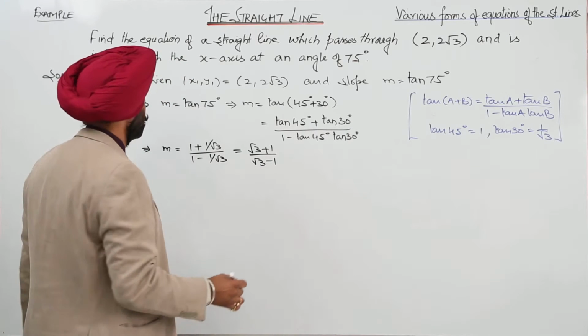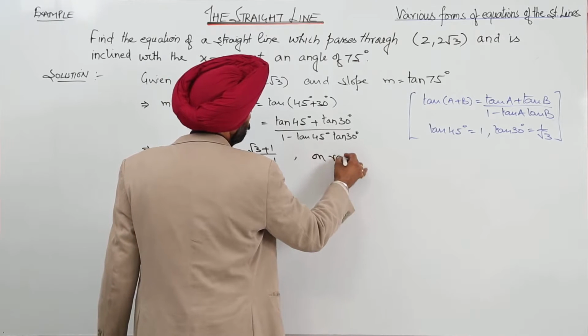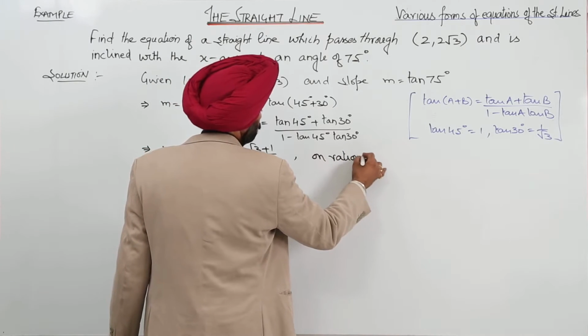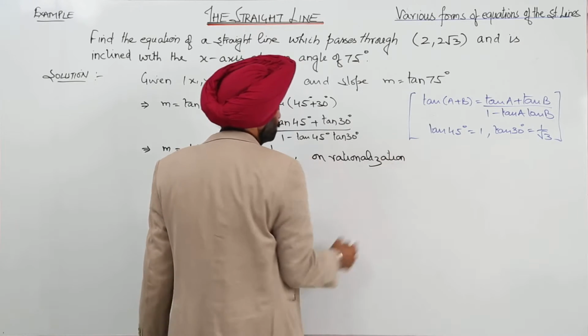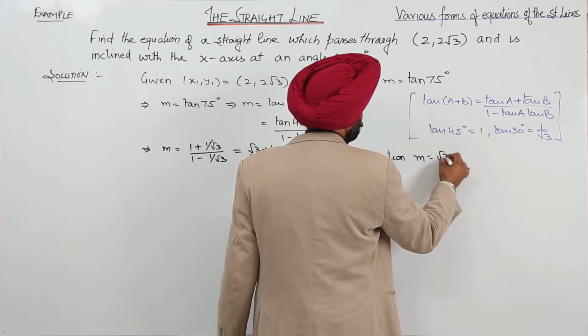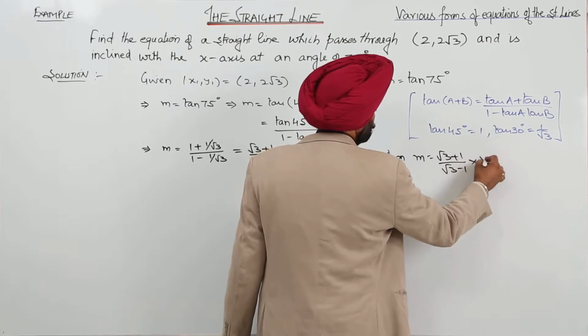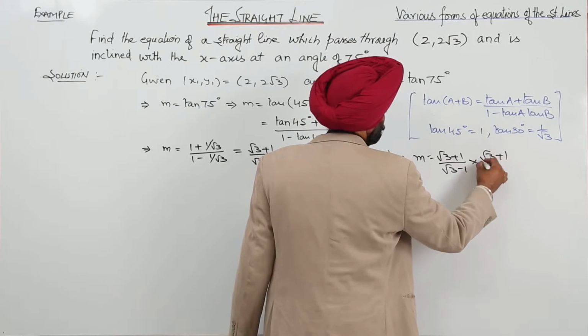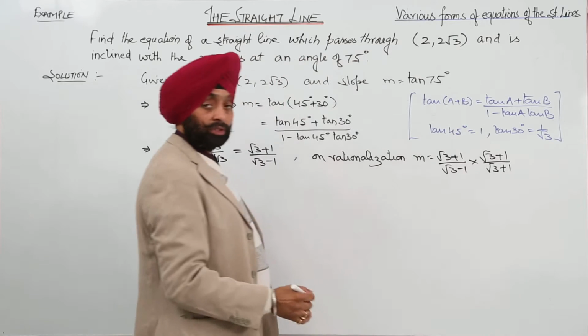Okay. Now on rationalization, m is equal to (√3 plus 1) upon (√3 minus 1) times (√3 plus 1) upon (√3 plus 1). Is it clear?